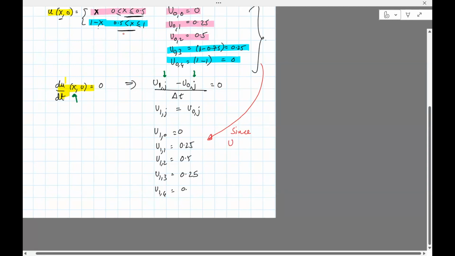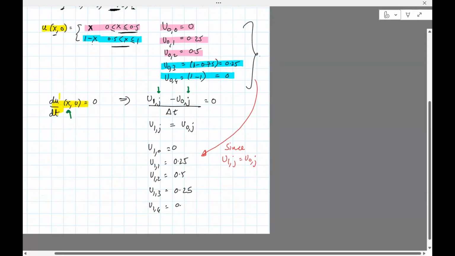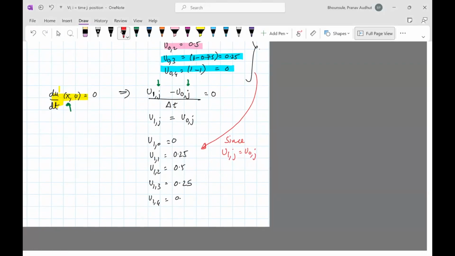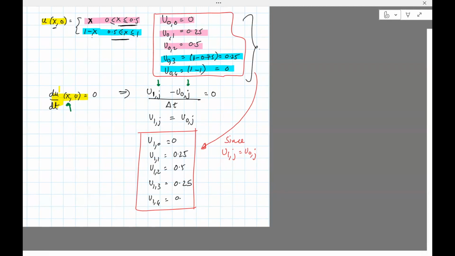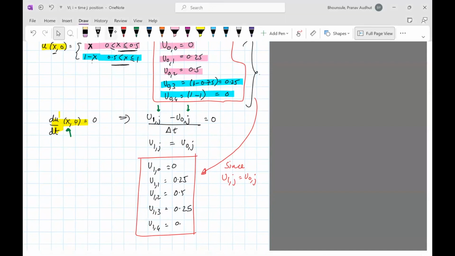Since u1j is u0j, you just copy the same value. So this is what I got, and then this is the other one. Okay, so that takes care of the initial condition. These are the ICs.